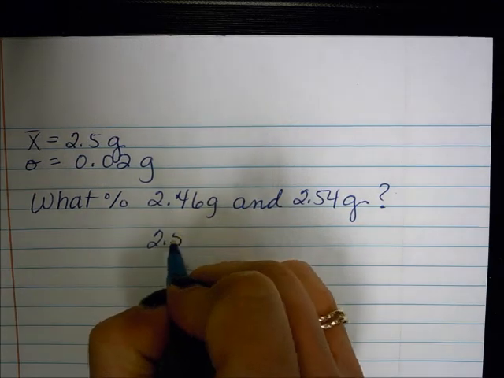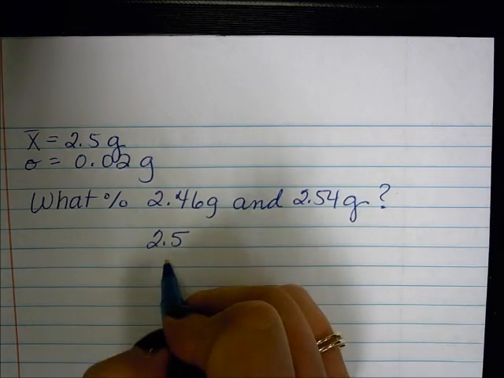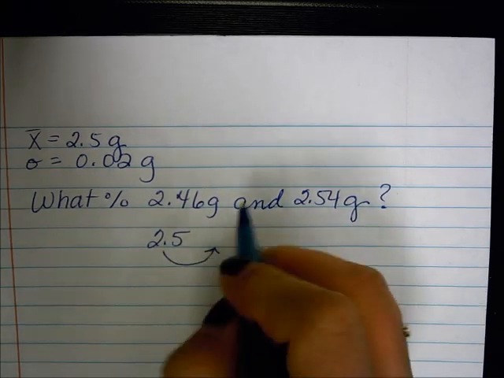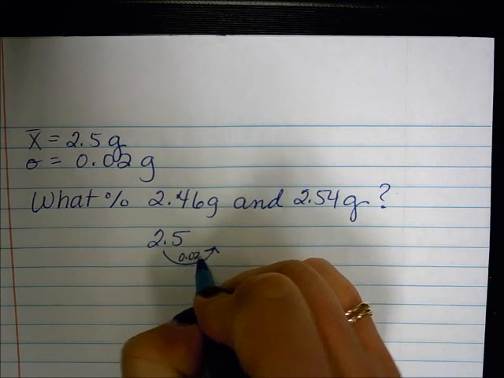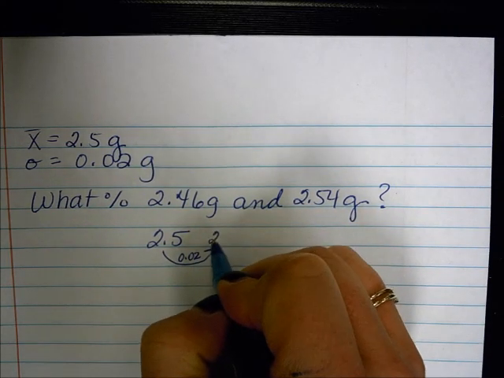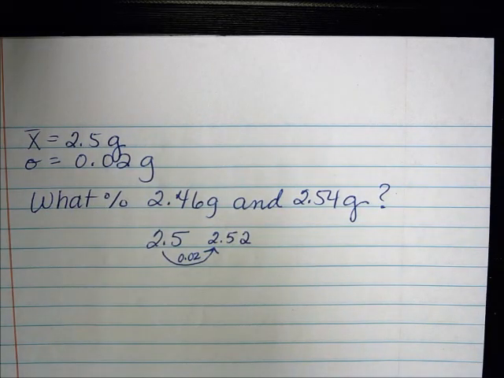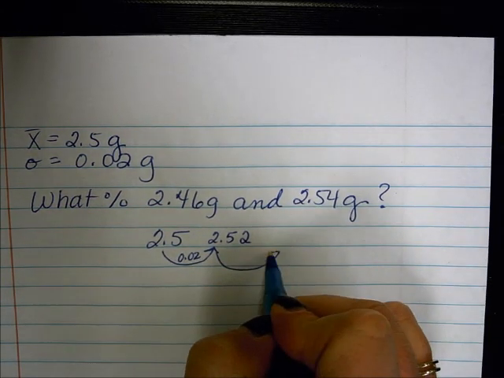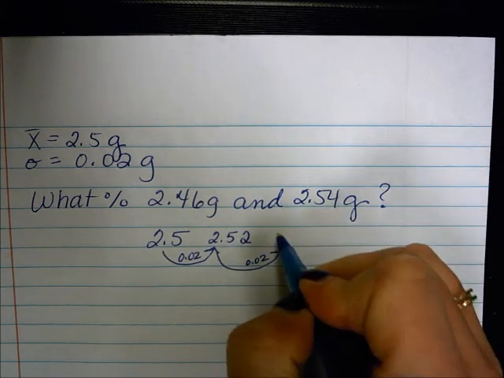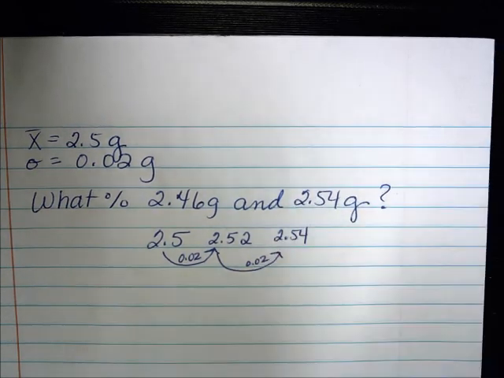If the mean is 2.5, one standard deviation above, 0.02 above, would be 2.52, right? Another standard deviation above would be 2.54.